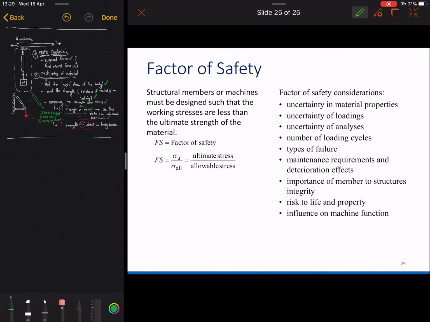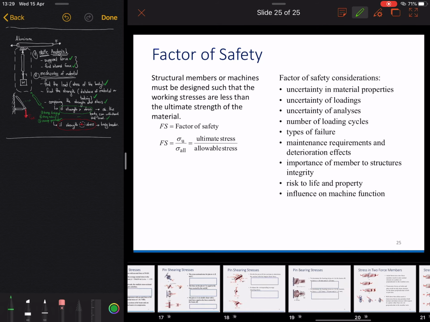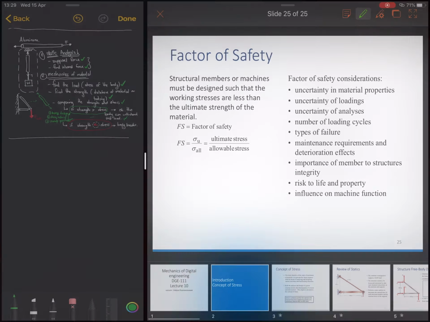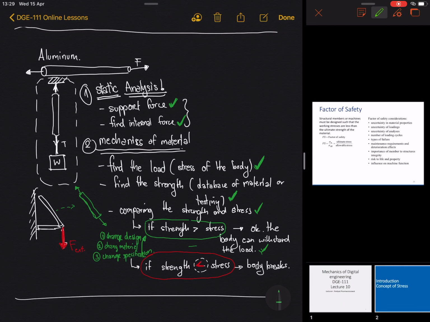And the last slide here before I close this. If you remember, I did something like this before. Okay, maybe I show this. I said if the strength is more than the stress, it is okay, but is it really okay?